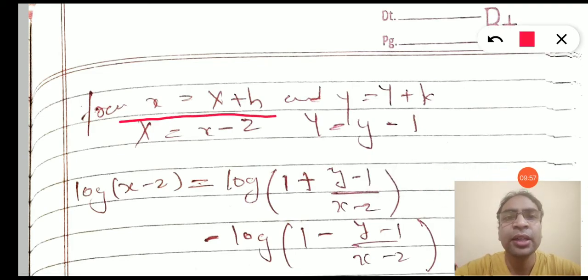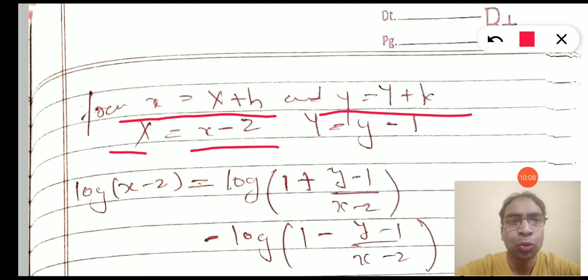So we had taken x is capital X plus h, and we had taken y is equal to capital Y plus k, from which capital X is equal to x minus h. If you remember, we have solved the values of h, so that was 2, and the k we had solved, that was 1. So capital X is x minus 2 and capital Y is y minus 1.